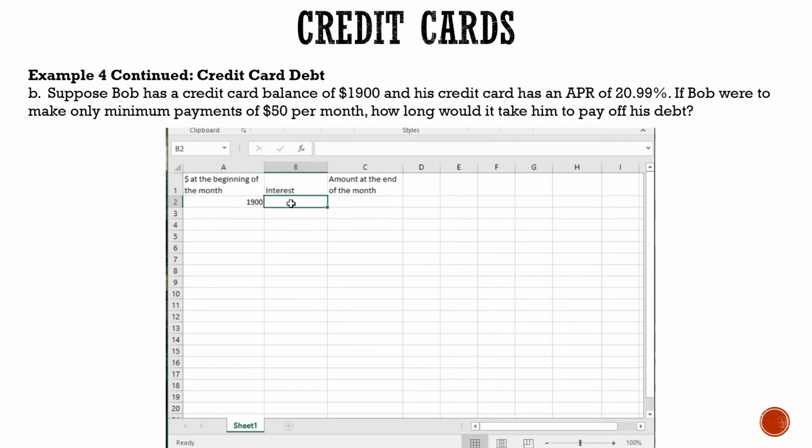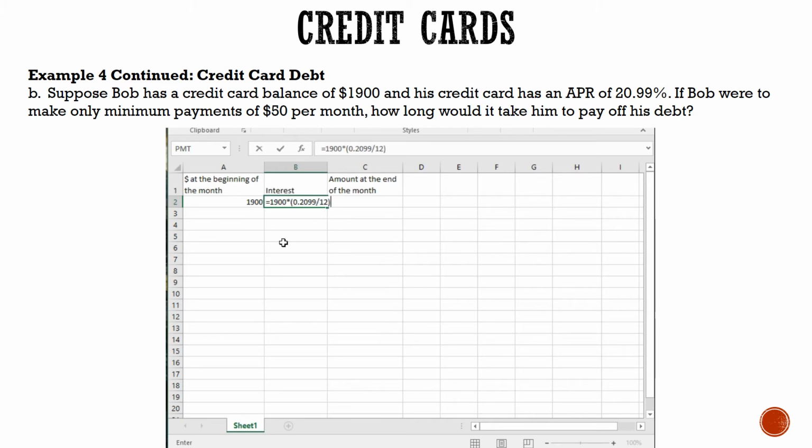Interest on that balance will be calculated by, and in Excel we'll need to put an equal sign first to show that we're doing a calculation, and that's going to be the $1,900, and that's going to be multiplied by the interest rate that has been prorated for the monthly amount. So that'll be 0.2099 divided by 12.